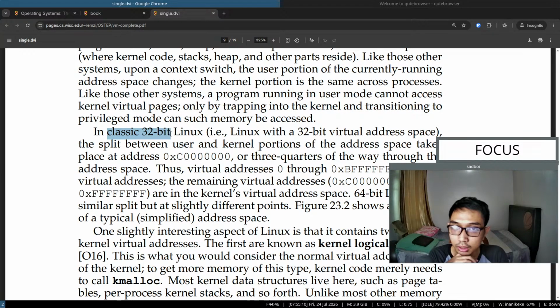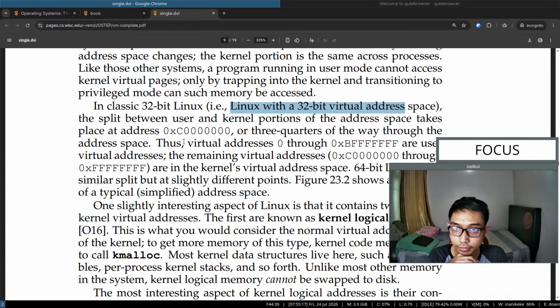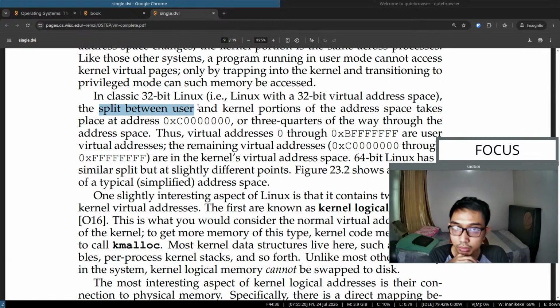In classic 32-bit Linux, that is Linux with a 32-bit virtual address space, the split between user and kernel portion of the address space takes place at this address, or 3/4 of the way through the address space.